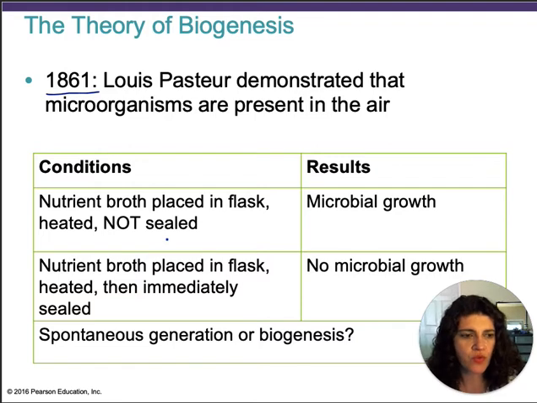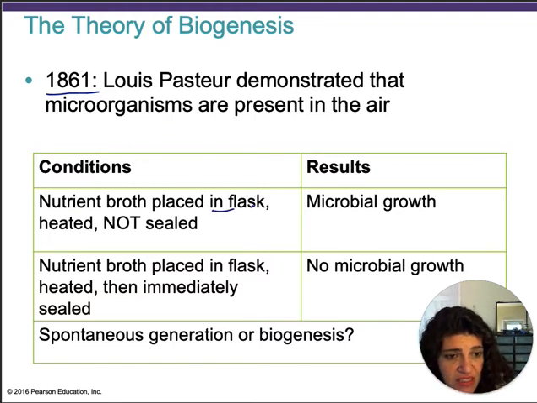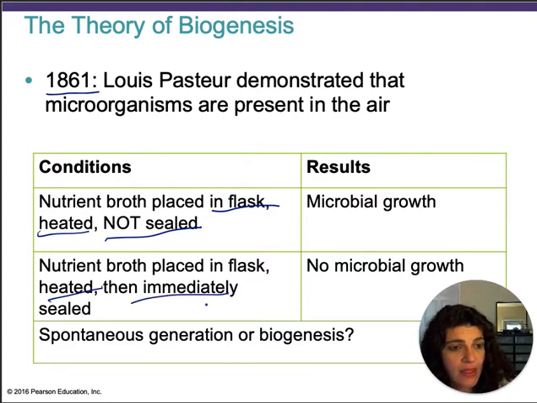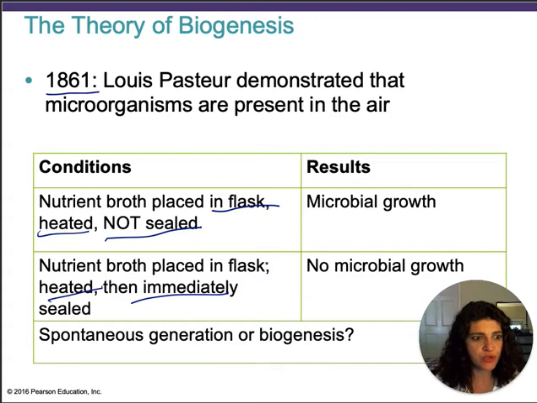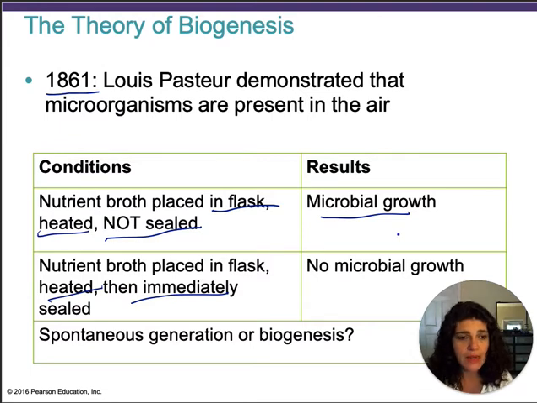One of them was a nutrient broth in a flask, not sealed. The other flask had the same nutrient broth and was also heated, so they were both heated, but this one was sealed immediately. The result was that in the one that was not sealed, he could see microbes growing. When they looked under the microscope, the growth looked like microbes, right?